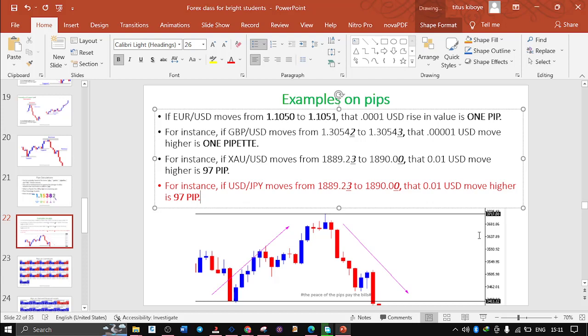Then the lower value is 3411.12. The difference is 306.38. Yes, those are the number of pips that the asset has moved from down here to up here.